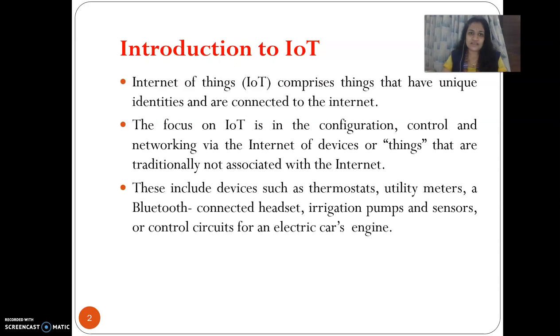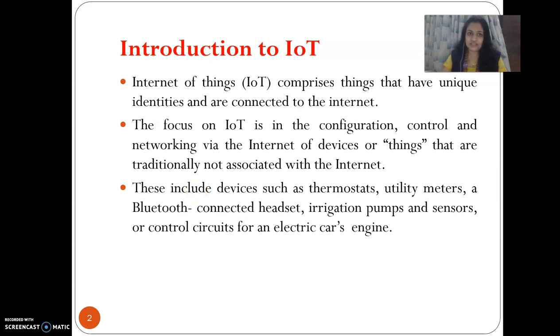Now, what are those devices which were not associated with the internet before? These devices include thermostats, utility meters, Bluetooth connected headsets, your irrigation pump, sensors or control circuits for electrical cars.